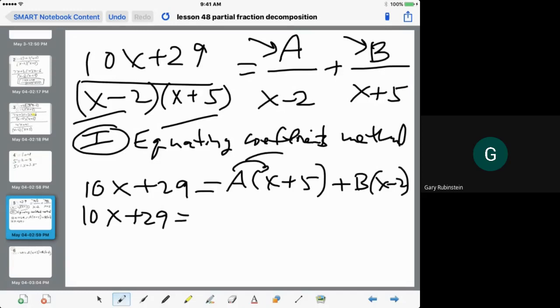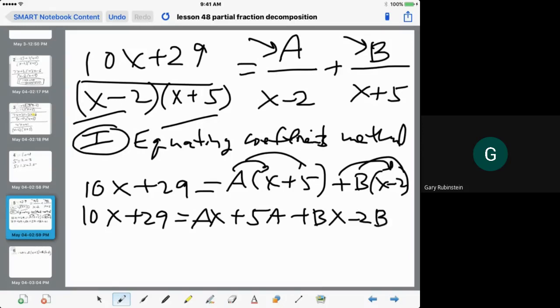We distribute the A through and the B through. And then we combine like terms. Well, there's A's and B's and X's.